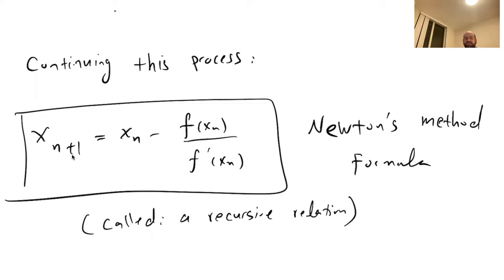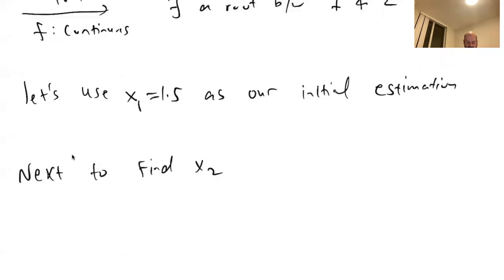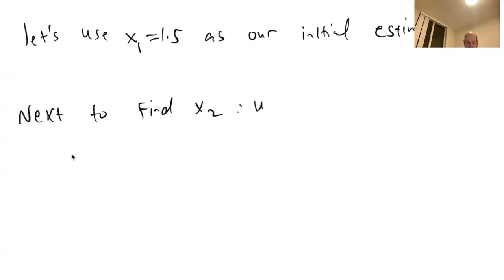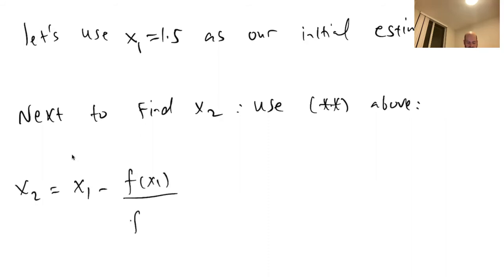So it gives us x2 in terms of x1, x3 in terms of x2, and so on. Let me call this one 2 star. To find x2, use 2 star above. So x2 is equal to x1 minus f of x1 divided by f prime of x1.